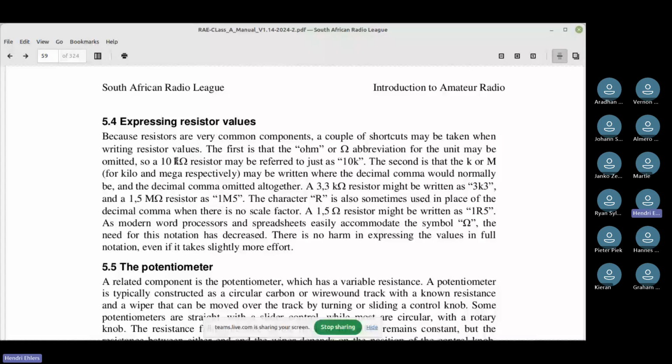I think you did do this in the previous class with Louis. The K is 1,000 and meg. Now, for some reason, anything on the right side of the decimal point is in small letters, except for the K, and everything that's left of the decimal point is in capital letters, except for the K. The K, which means 1,000, is a small letter.